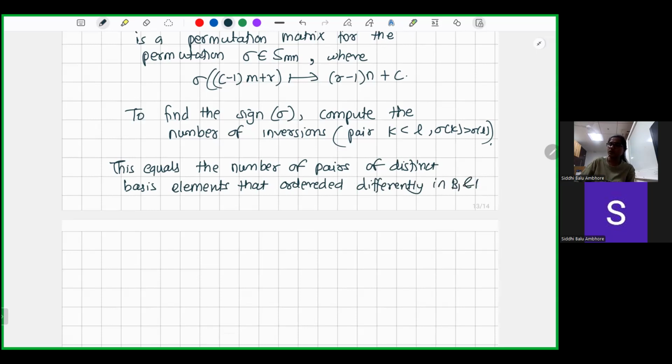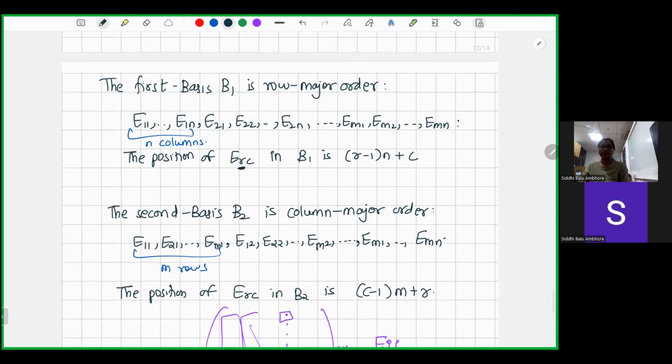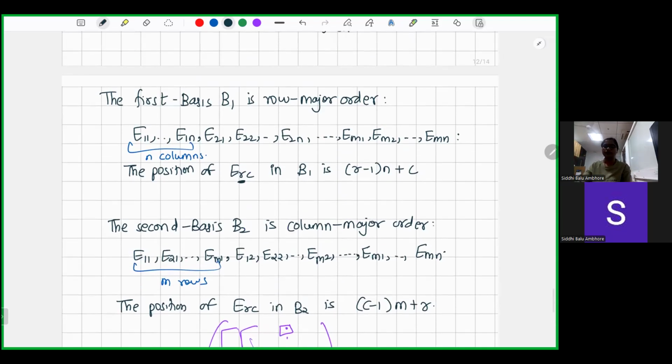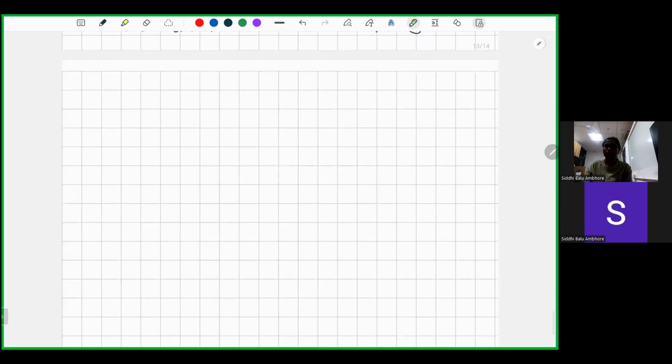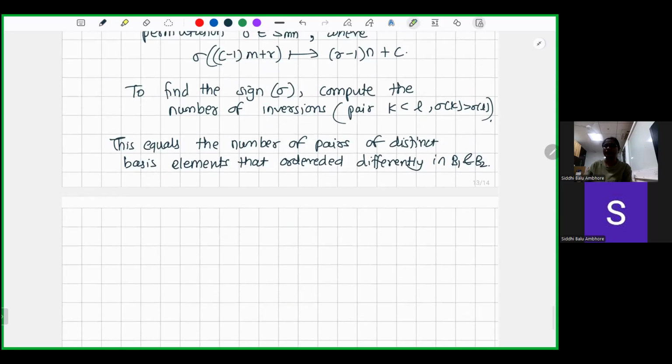Not everything is inverted here, not everything is shuffled. For example, E_11 remains as it is, and E_MN remains as it is. So we have to check which elements have been moved. I hope you understand what inversions means.